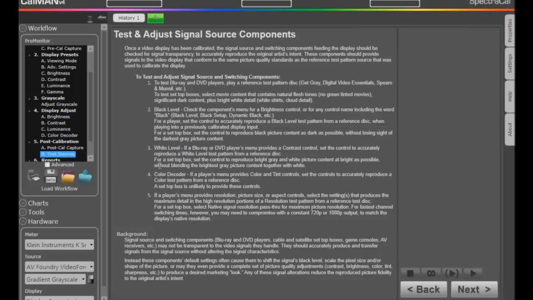A set-top box probably only has a black level adjustment, if that, whereas DVD or Blu-ray players may have more complete sets of adjustments. And so the instructions here give us information to properly configure the settings in those other devices.